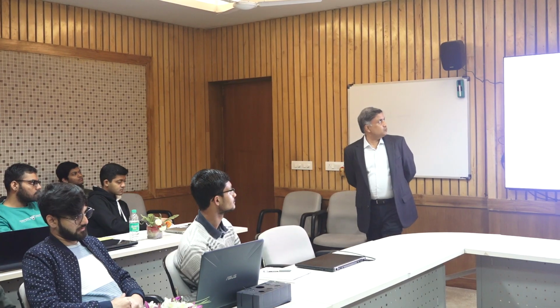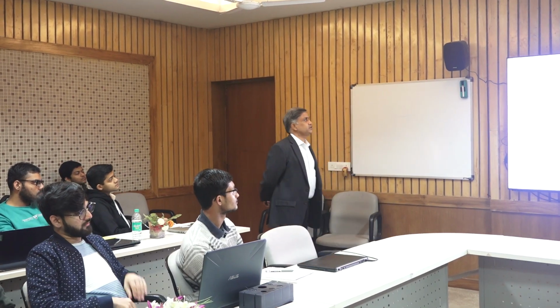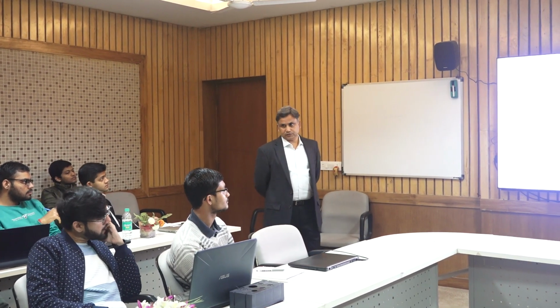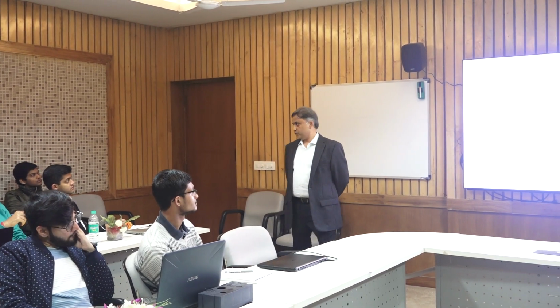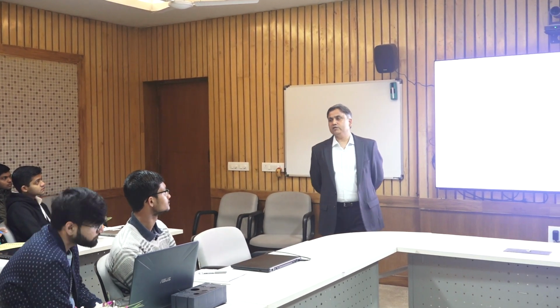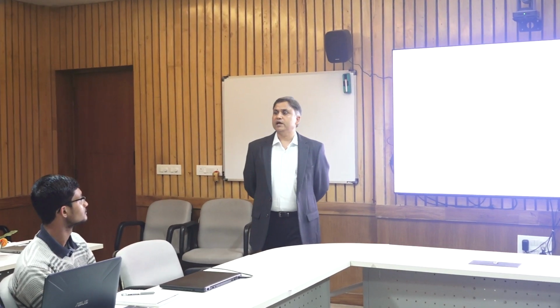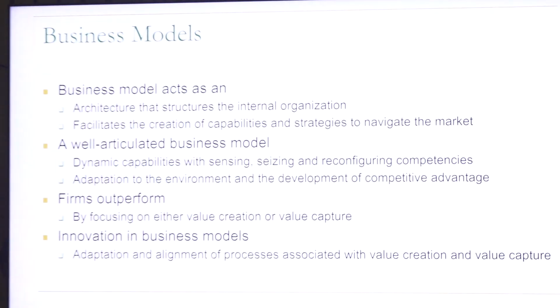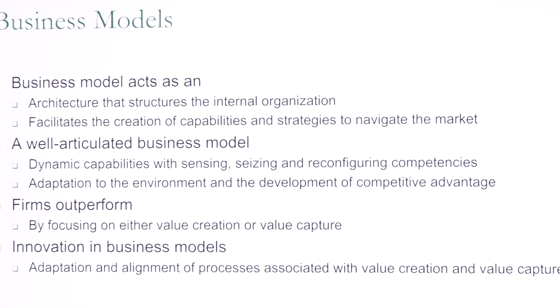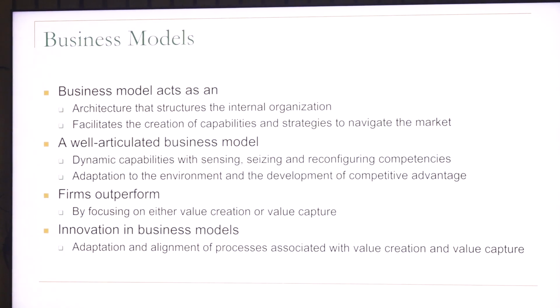Then we say business model acts as an architecture that structures the internal organization. If we have studied principles of management, where we talk about different kinds of organizational form, one form is what we call the typical hierarchical model. We have a lot of levels, strategy, roles, responsibilities, tasks.